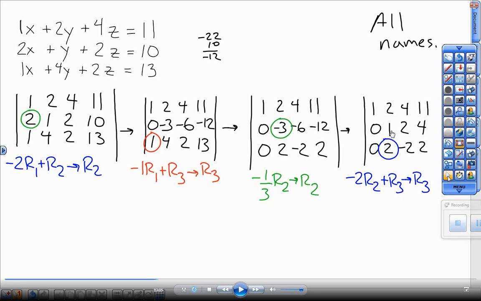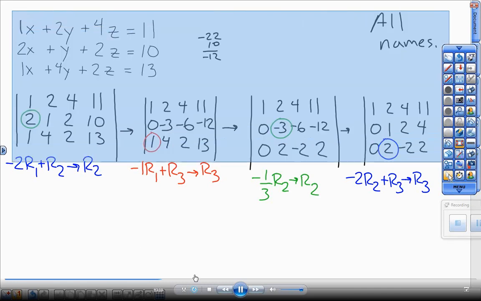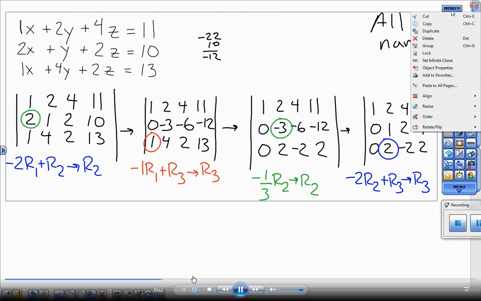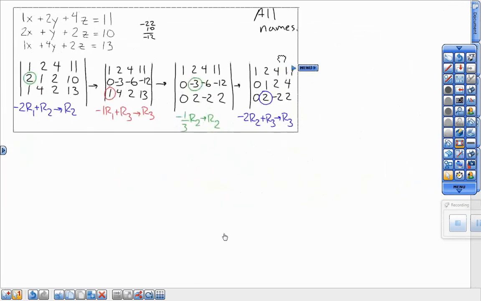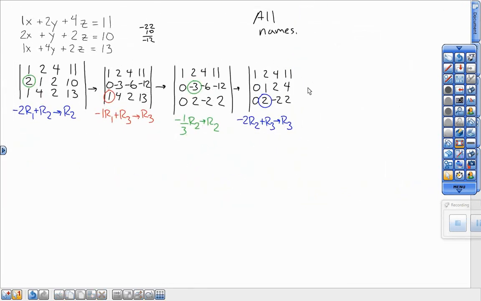-2 times 1, -2 plus 2, 0. -2 times 2, -4 plus -6. So here I go. The first two rows remain unchanged, so I'm going to write those rows out. I'm going to shrink this down.